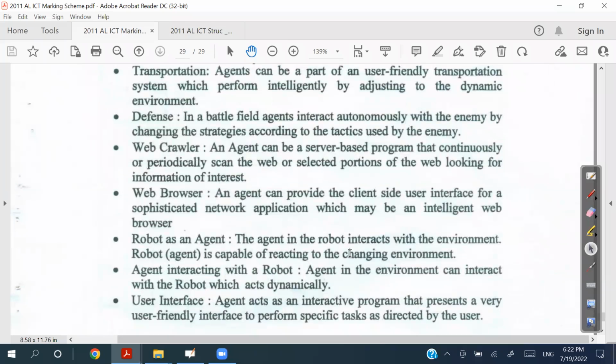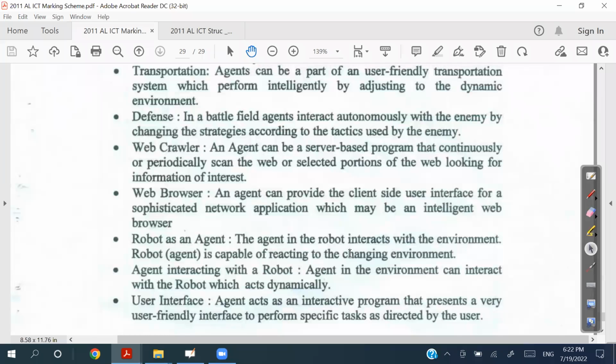Transportation: an agent can be a part of a user-friendly transportation system which performs intelligently by adjusting to the dynamic environment. Defense: it can manage the things which happen inside the battlefield, take quick decisions, learn about the enemy and identify his strategies and all these things.